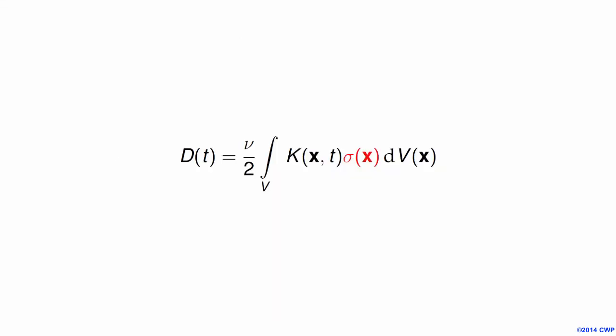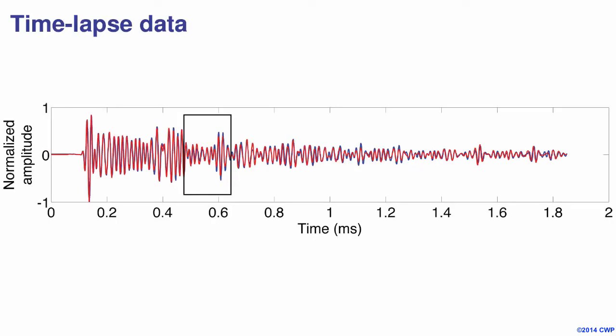So for this problem, I'll be using the second part of our equation for our imaging, the decorrelation. I'm using the decorrelation rather than the travel time change, because we observed, looking at our time-lapse coda waves, that the difference was more on the amplitude rather than the phase.